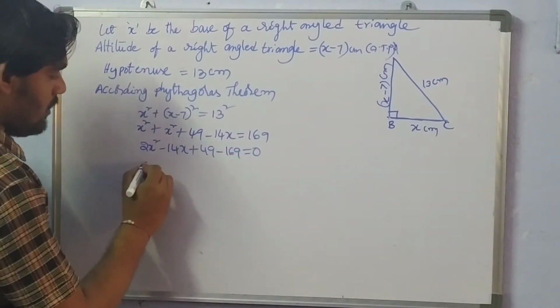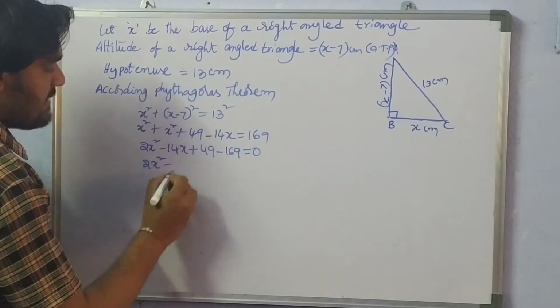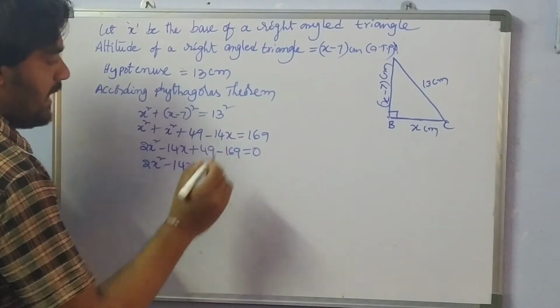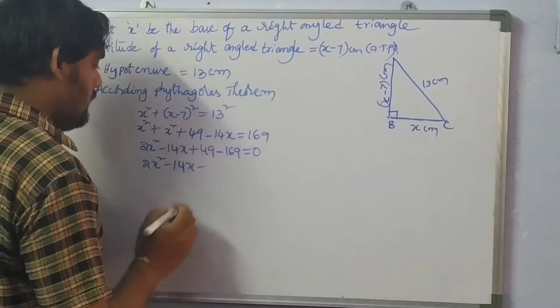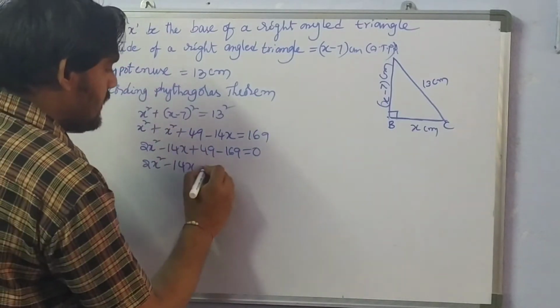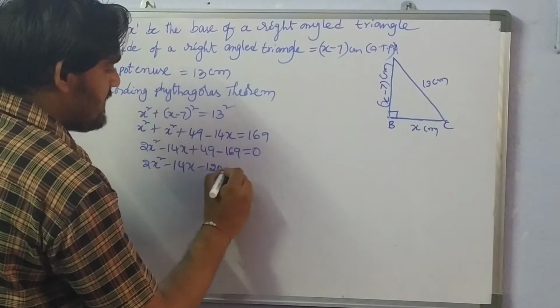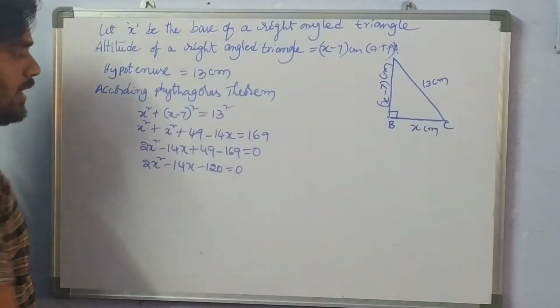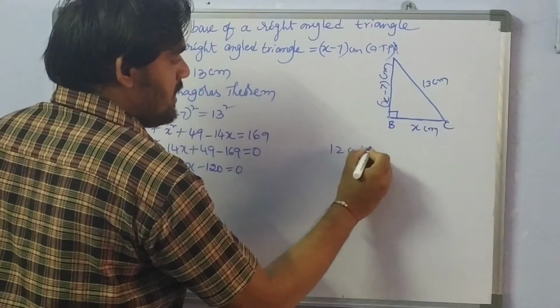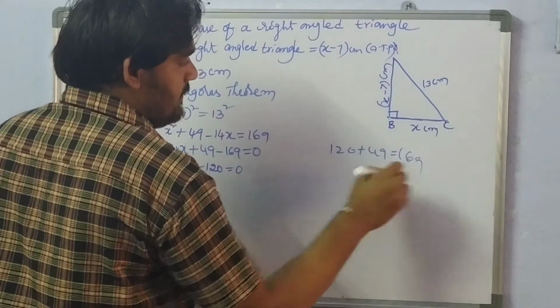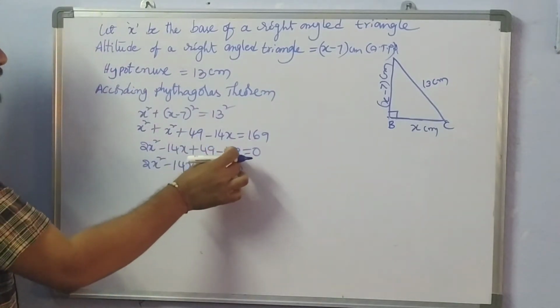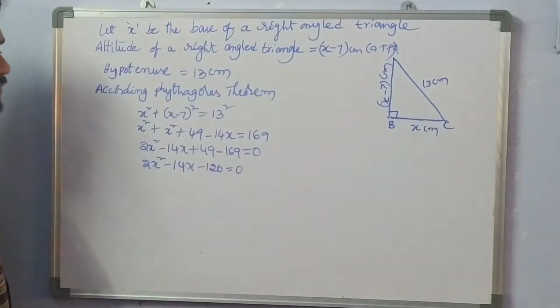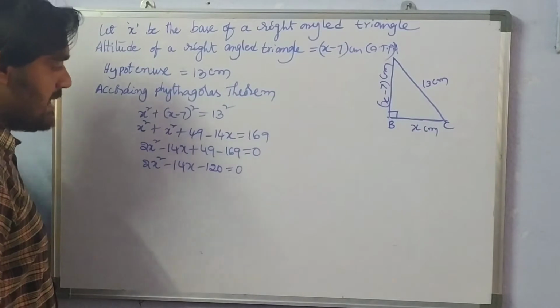At that time, this will become 2x square minus 14x plus 49 minus 169. What will you get? Minus 120 is equal to 0. Plus 49 minus 169, so you will get minus 120 is equal to 0.